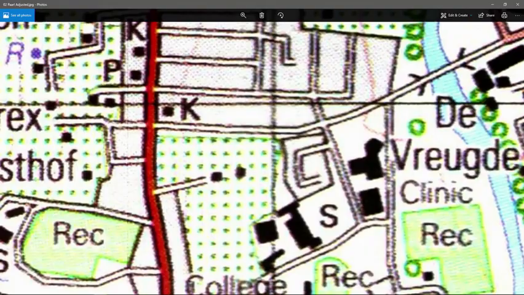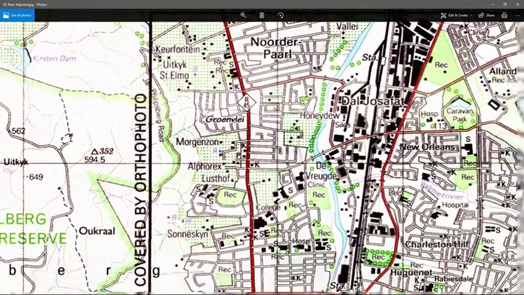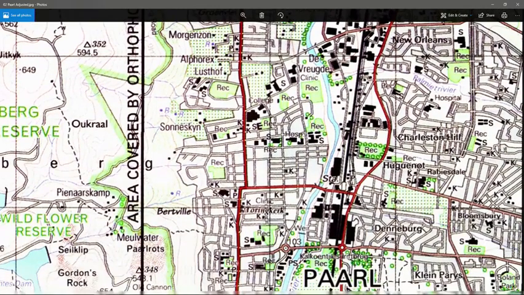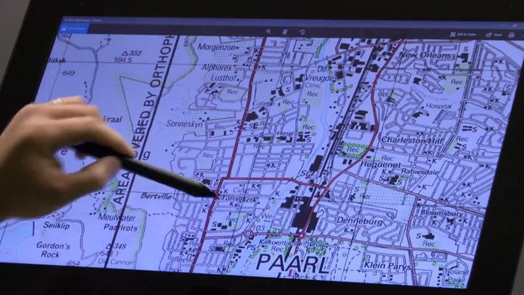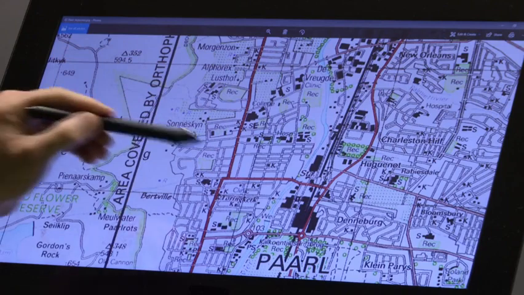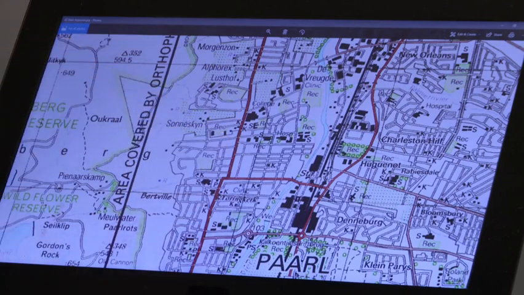There's a police station, post offices, etc. If you look at the street pattern as well, you can identify this is where the CBD of Paarl is. You can see the buildings and the churches, etc. And if you look at the street pattern, we can identify it as a grid iron street pattern in the CBD of Paarl.